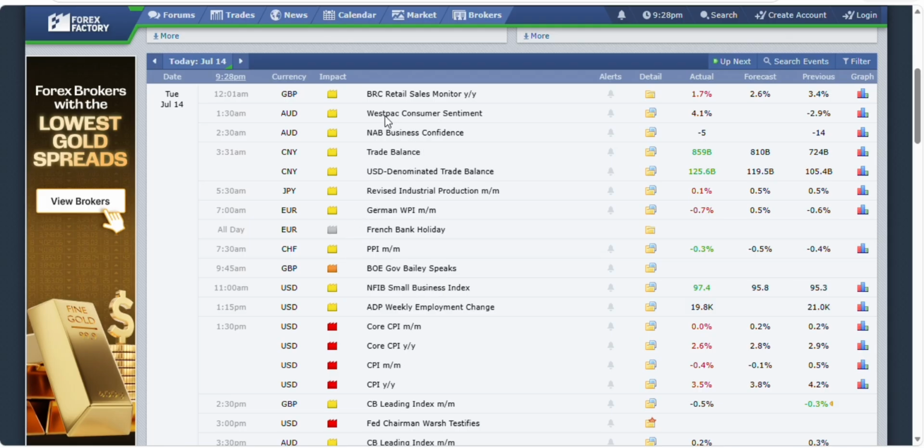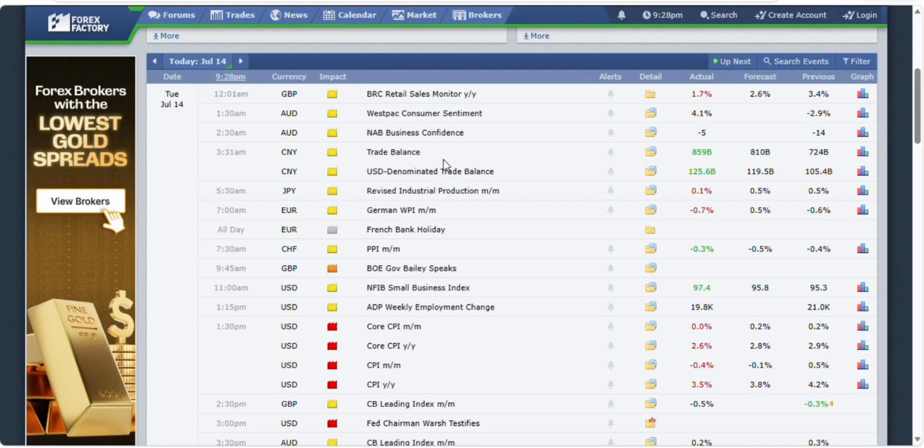Then something like the BRC retail sales monitor. Let's see. Low impact is on red. What do we have as high impact here? Let's see. Low impact.